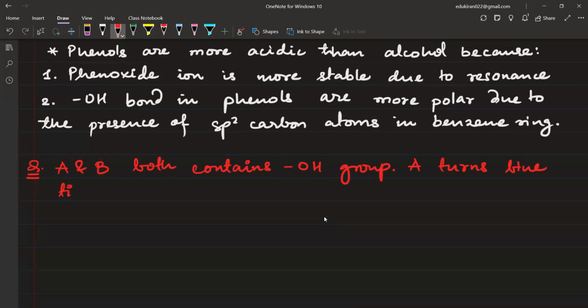A turns blue litmus to red, but B doesn't.